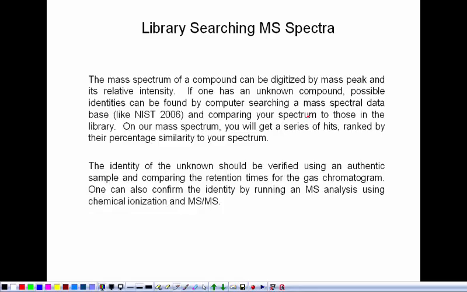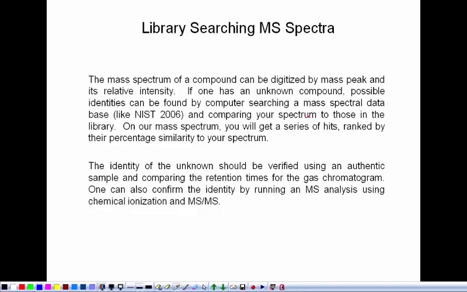Now, you just can't stick the stuff in the instrument, say, oh, it's this compound, and trust it. In a legal setting, they've done all of the standards, and they know exactly where all of the illicit drugs and everything they're looking for show up on their chromatogram and what their real mass spectra look like. But you can narrow down the list.